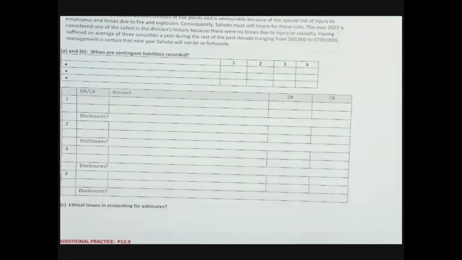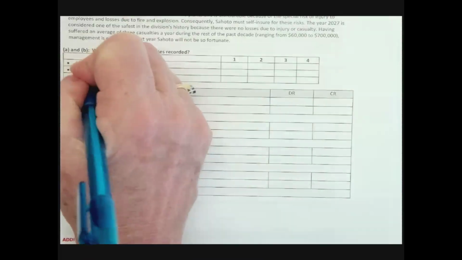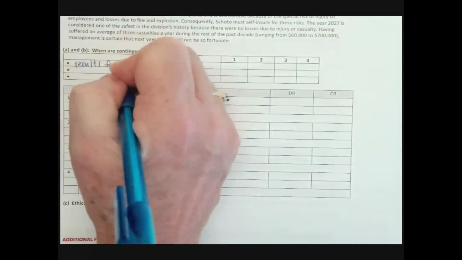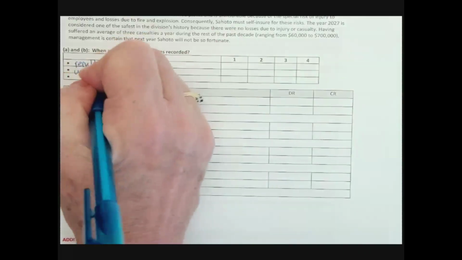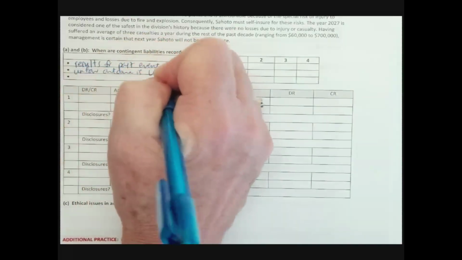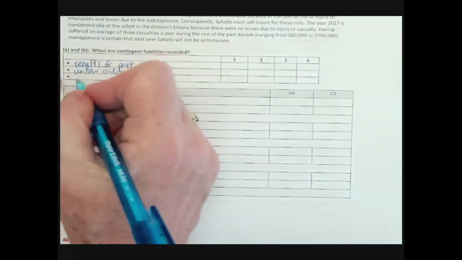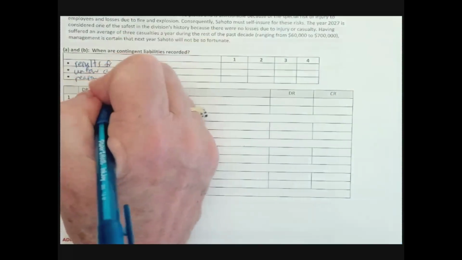Okay, so to answer this question, I would probably ask you on the exam, what are the criteria we need to meet to accrue a liability? So the three criteria: results from past events, unfavorable outcome is likely or probable, and the third one is we have a reasonable estimate.